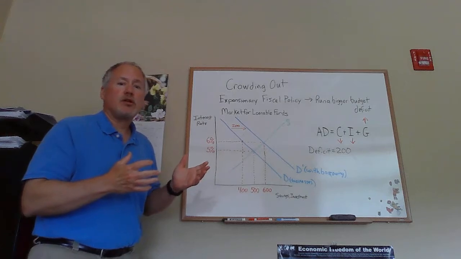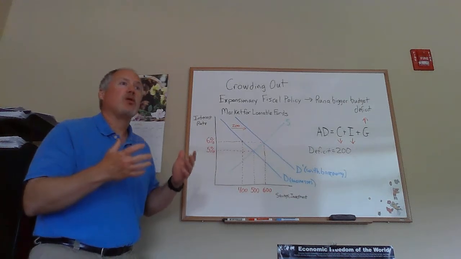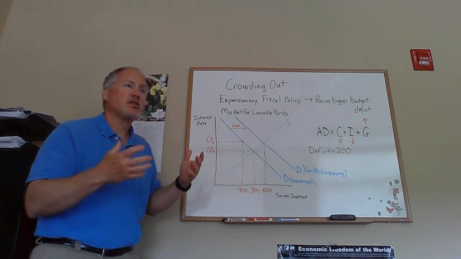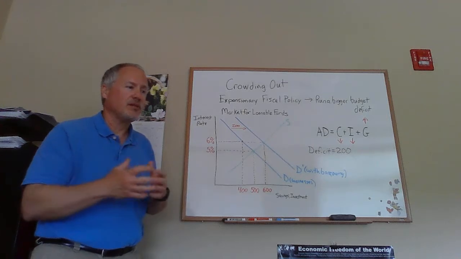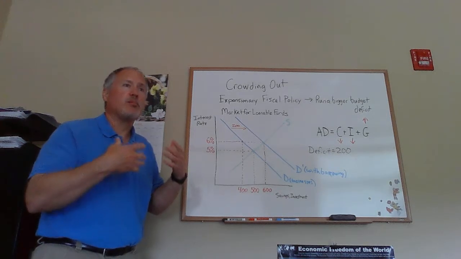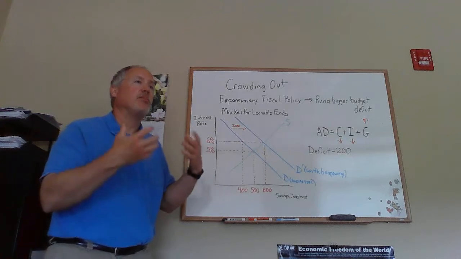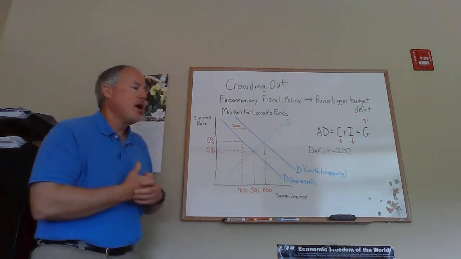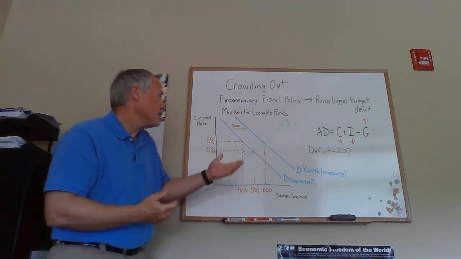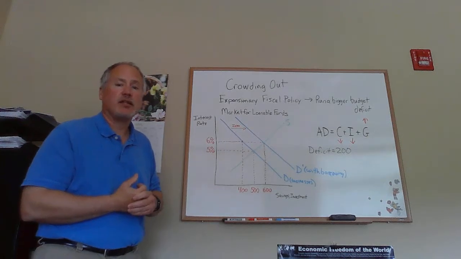Crowding out is also another thing to keep in mind when we think about the cost to our economy of the national debt. If the federal government has borrowed so much money, one of the things it will have done is crowd out some private investment.